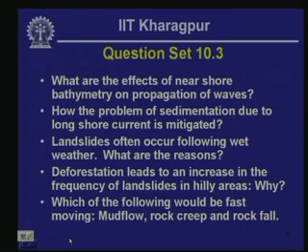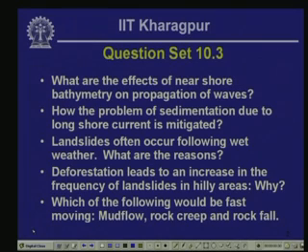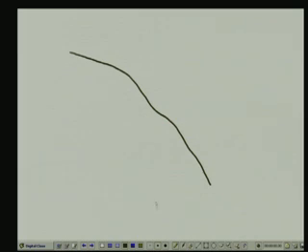The second question that I asked was how the problem of sedimentation due to longshore current is mitigated. Two of the measures that I discussed, if you recall, are groins and jetties. If you look at the coastline that is affected by near shore transport, where you want to limit the near shore erosion and sedimentation, you are going to have groins or jetties constructed in this manner.